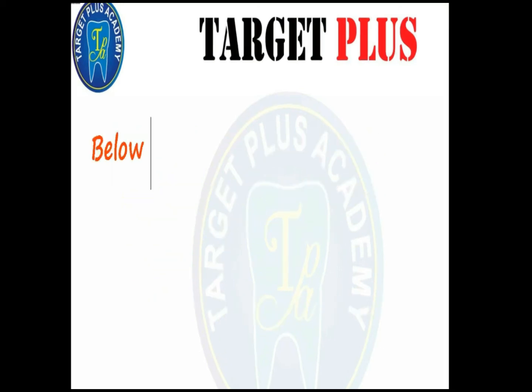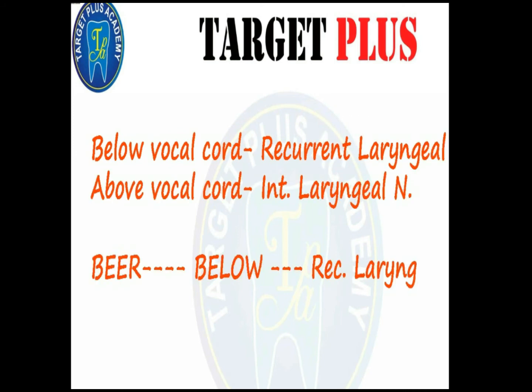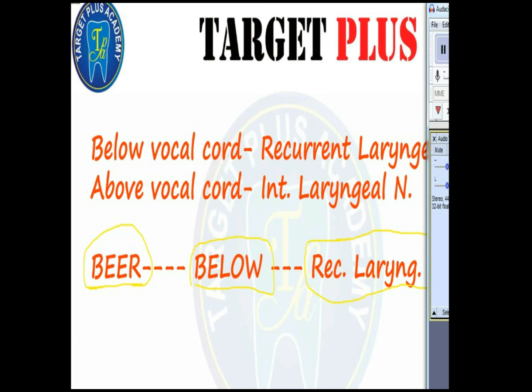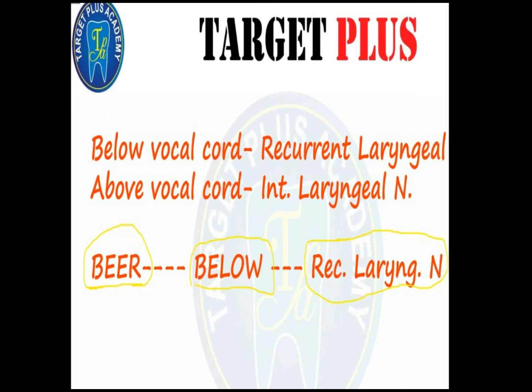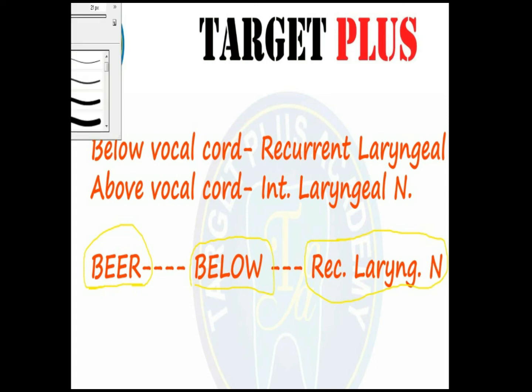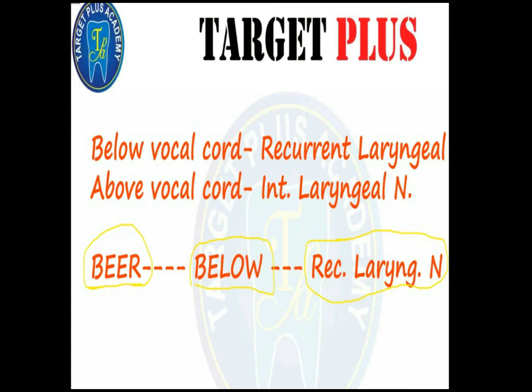Now moving to the sensory nerve supply, below the vocal cord it is supplied by the recurrent laryngeal nerve, whereas above the vocal cord it is supplied by the internal laryngeal nerve, that is a branch of the superior laryngeal nerve. So the mnemonic is BEER. Below the vocal cord it is recurrent laryngeal. So that is the mnemonic you can remember for it.